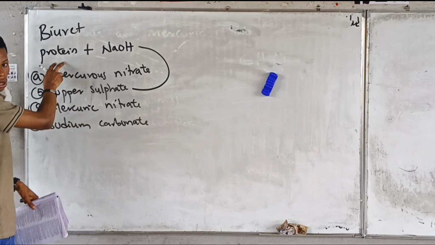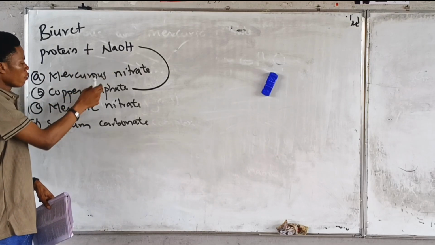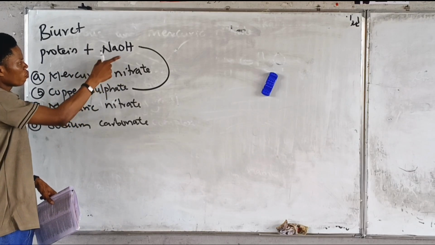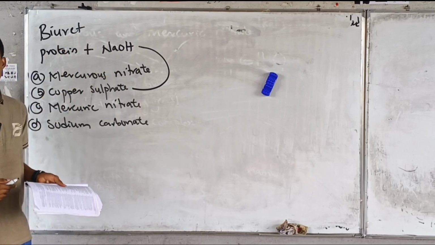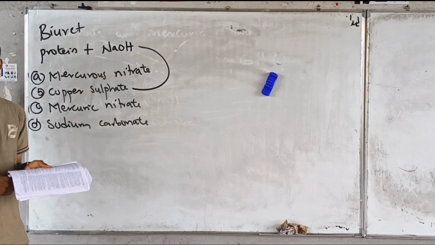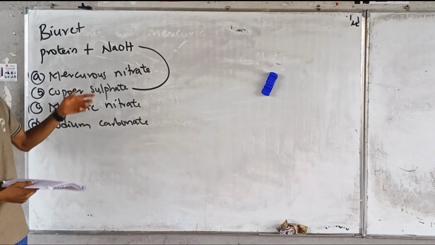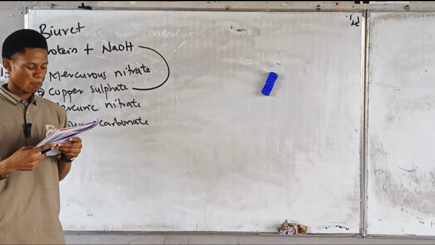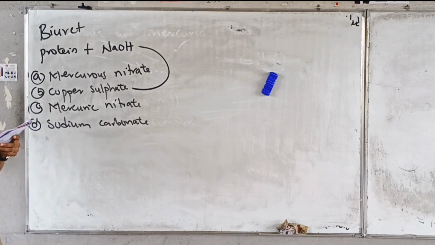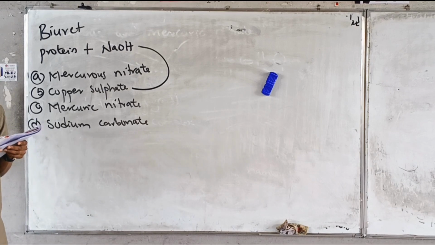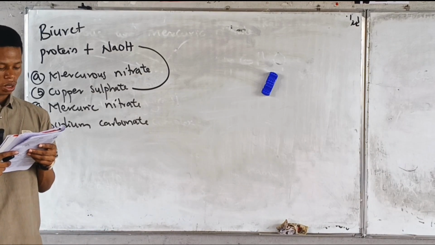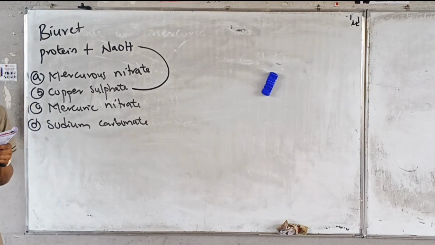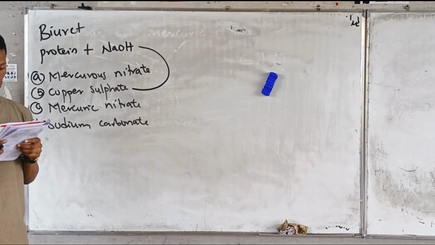So if you have the protein already and you add sodium hydroxide, adding copper sulfate will react with this to form the Biuret reagent. So addition of copper sulfate will give us the positive results. Are we there?